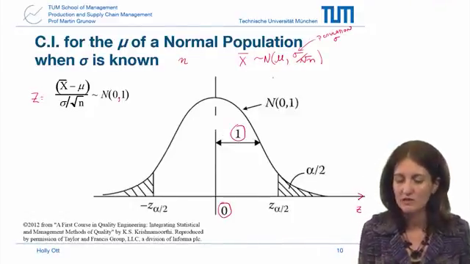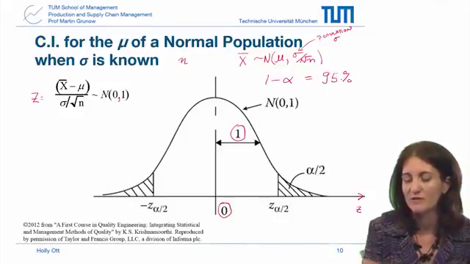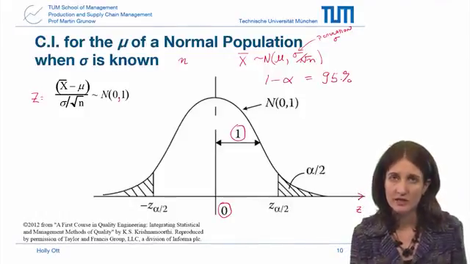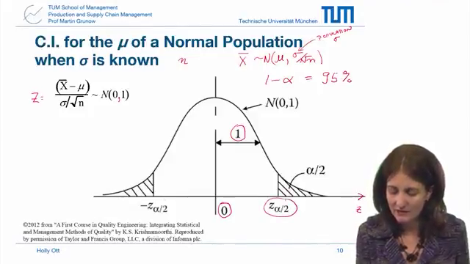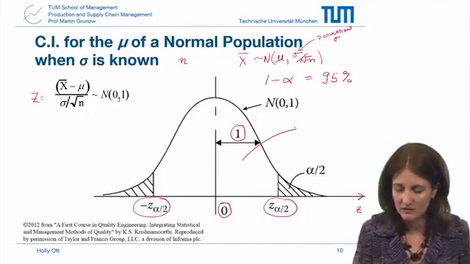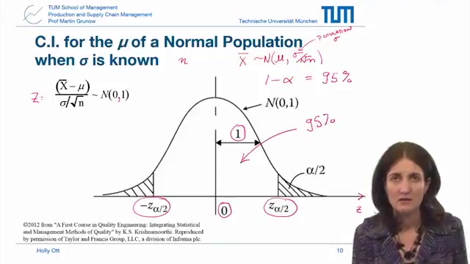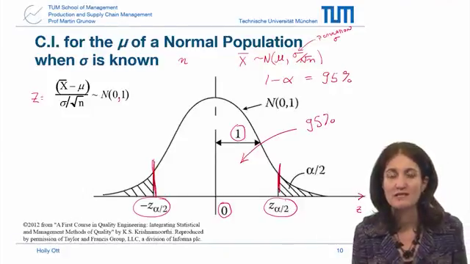Now, we have chosen a confidence level of 1 minus alpha. Let's say we've chosen a big high number like 95%. And what we need to do now, using our standard normal tables, is to identify the z alpha over 2 values, so that there's a 95% probability that the random variable z will lie between these two z alpha over 2 values.